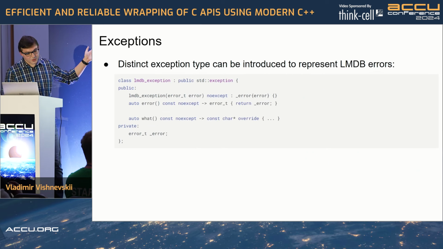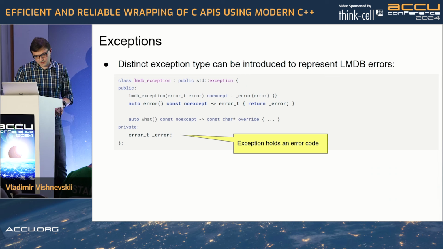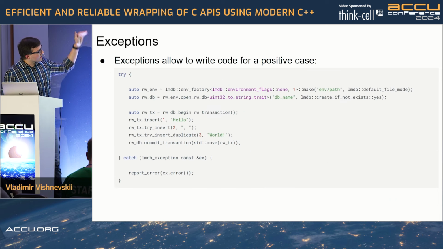We can also use exceptions. With exceptions, we can implement our own type that belongs to our repo, and anyway we will probably need to store the error code, because this is how we can identify the error when it is propagated. If we use exceptions, then we can code for the positive case. That means it will make our implementation simpler.